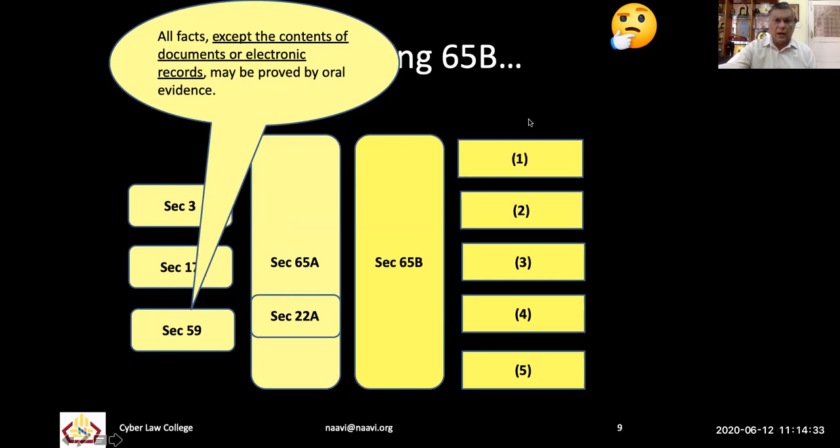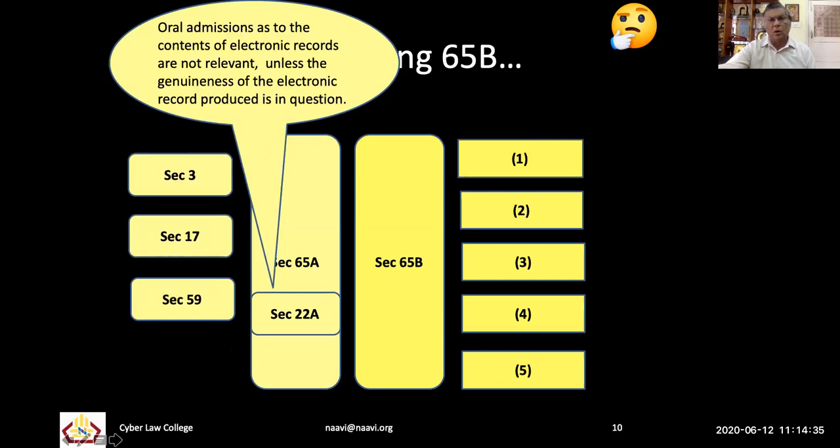Then section 22A also in a way provides a clarification that oral admissions as to the contents of electronic records are also not relevant from the point of view of evidence. So electronic documents cannot be proved by oral evidence, and any oral admission of an electronic document is also not relevant. So electronic documents have to be admitted by some other means. That is the indication of section 59 and section 22A.